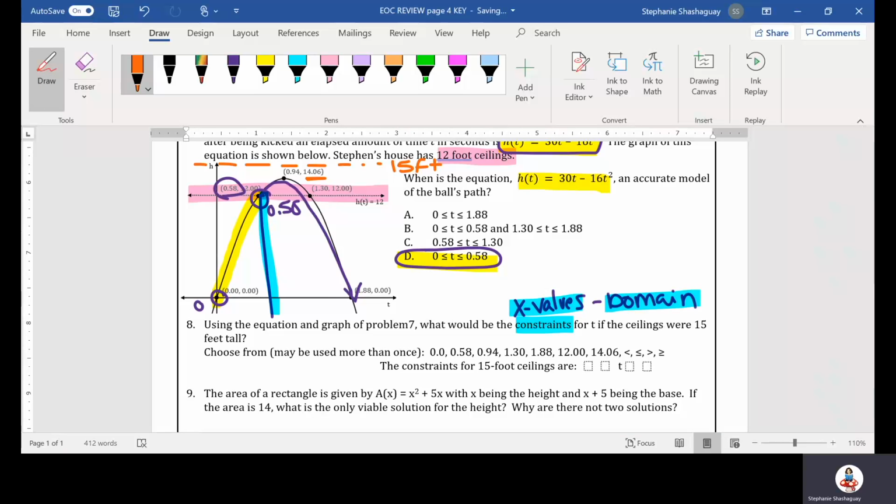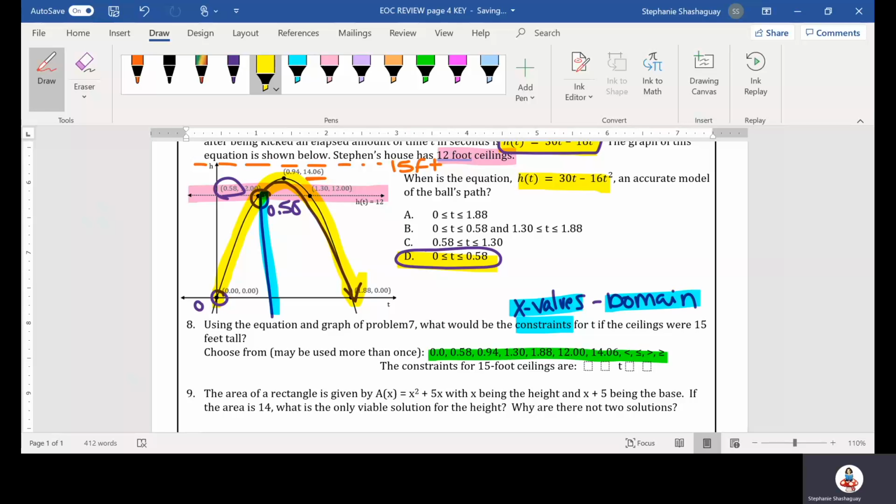So we have to choose from the numbers provided here what our constraints would be. Well, if we had a 15-foot ceiling, that means that the ball could follow the path that it had the formula for originally.